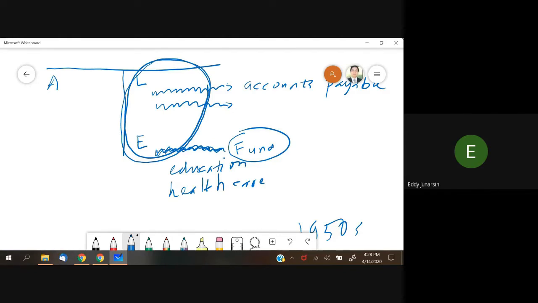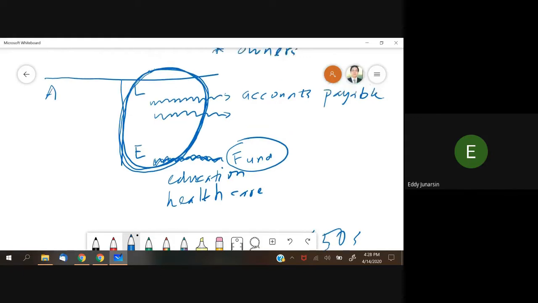Almost all items on the right-hand side of your balance sheet are capital, but in reality, not all of them are, because some of them are supplied by people or entities who don't require something in return. So they don't ask for any required return from the money that they have given to our company.